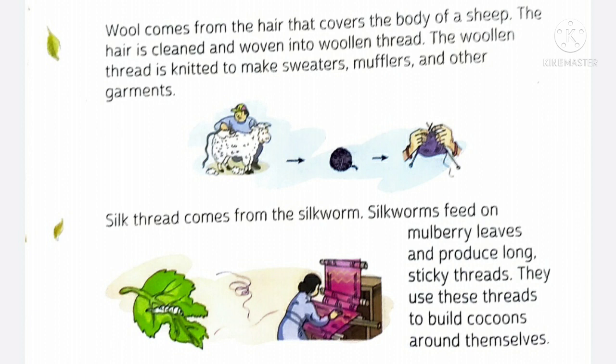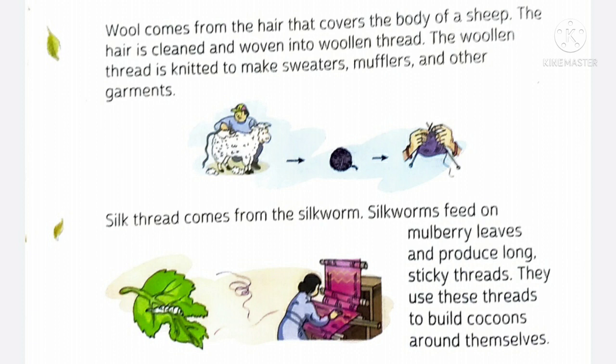First of all, again it is cleaned because it has a lot of dust in it. It is dirty, and then it is woven into woolen thread. From the cotton plant, when we spun, we got thread. Here, when we have cleaned the wool, we got woolen thread, and this woolen thread is knitted.